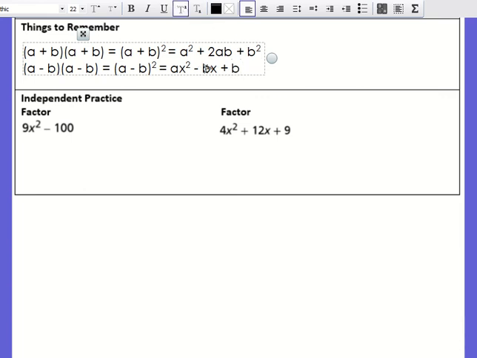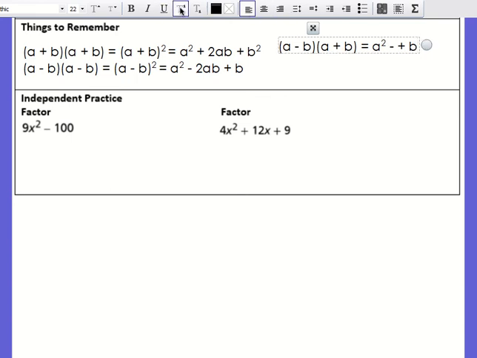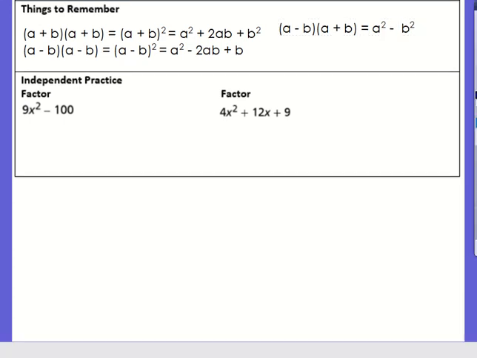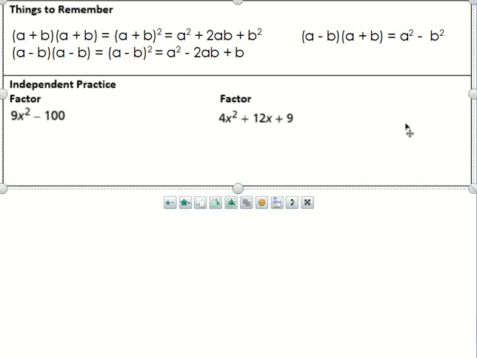But these are those very special forms and definitely should be memorized. And then that last one is where one's minus and one's plus, right? It doesn't matter which one. And that's where this middle section is going to disappear. All right, there we go. Those are our 3 very special forms. These 2 are what we would call perfect squares, and then this one is not.